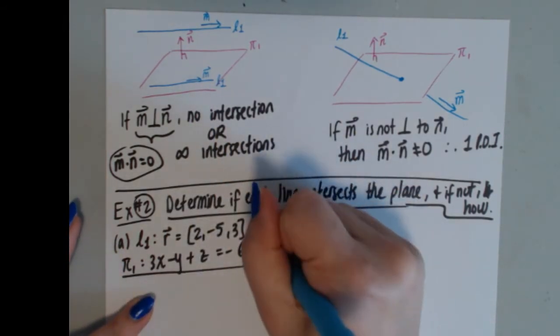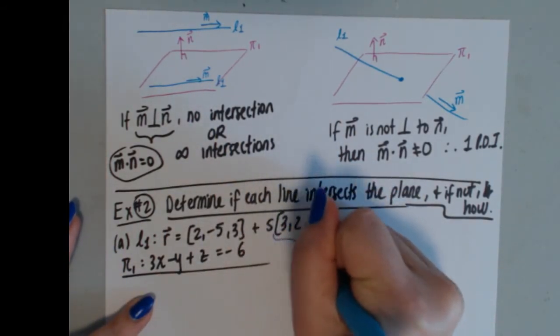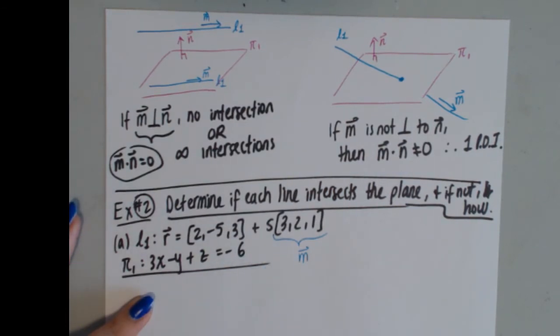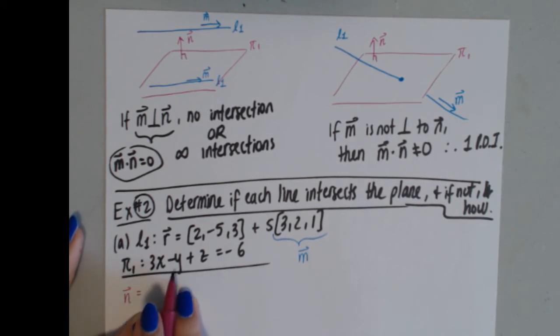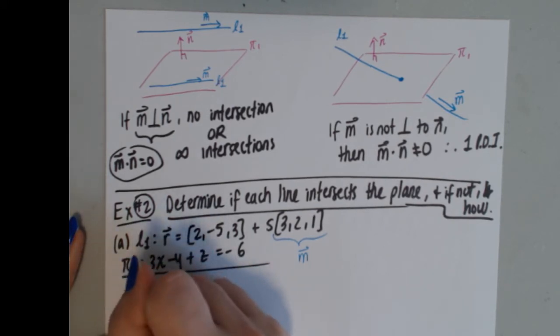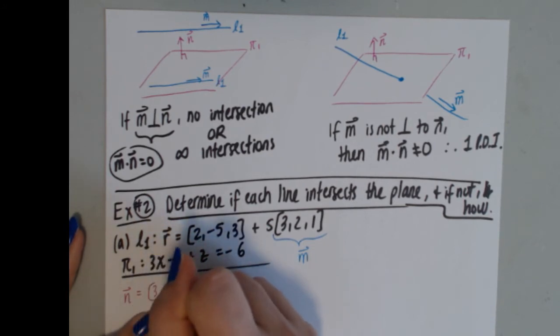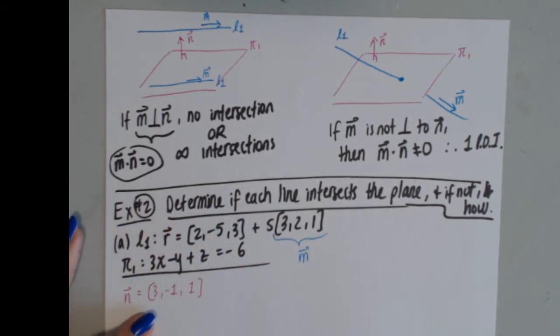That's m, given by this piece attached to the parameter. I can also determine n, the normal vector. n comes from the coefficients of the scalar equation of the plane, so it's (3, -1, 1).